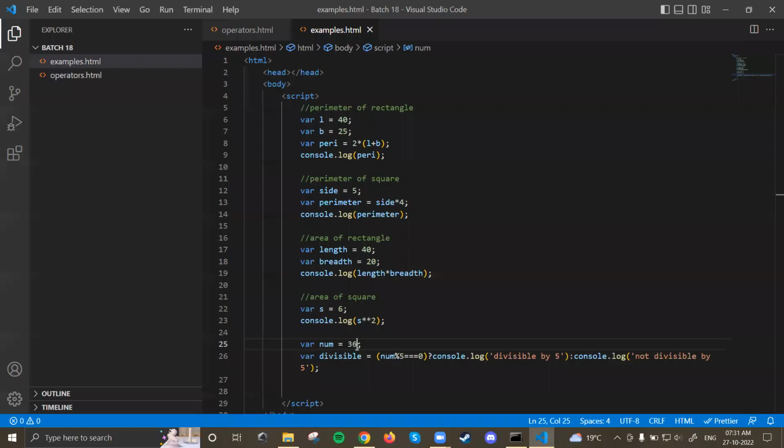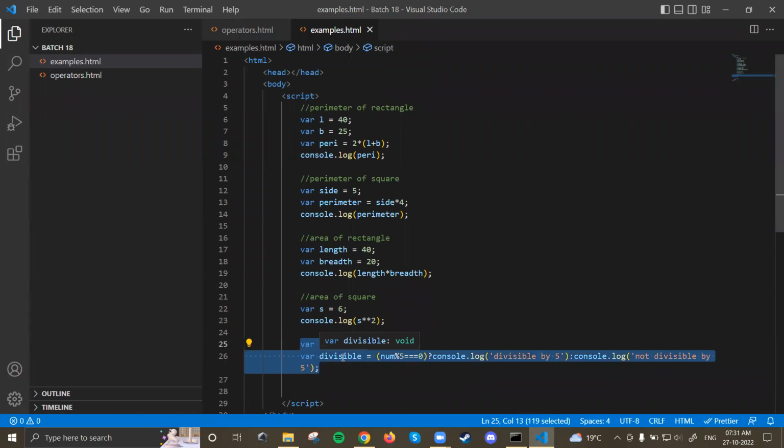Now the next challenge is to find out whether a number is an even number or an odd number. How do we find that? Can you tell me?